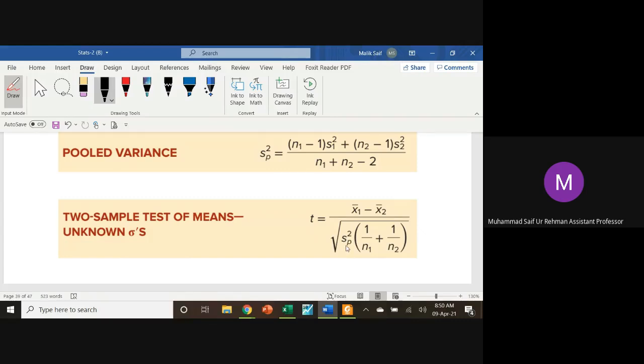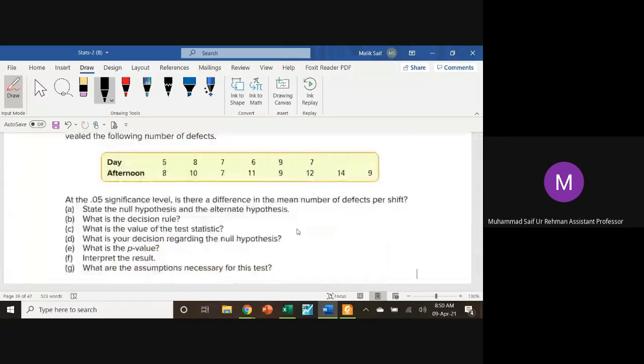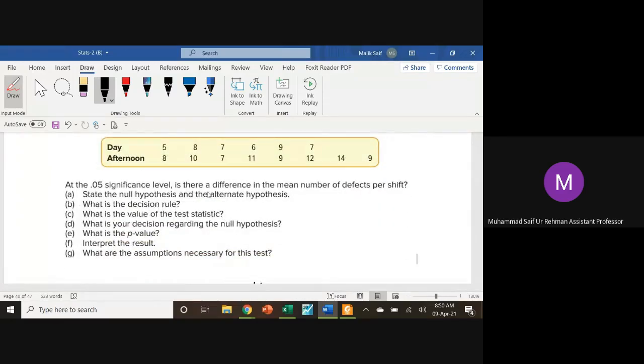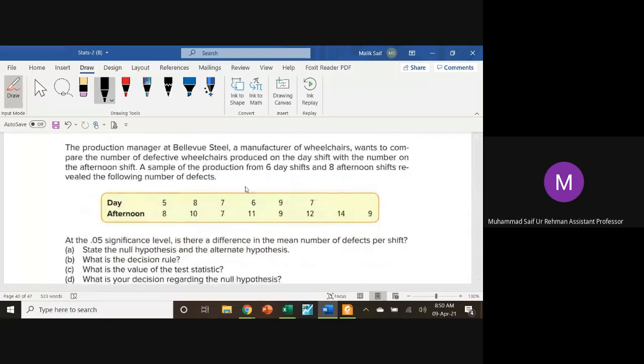And instead of that, we will have the sample variances separately, independently. So we will talk about that later on. But in this particular case, as there is no description or explanation regarding the population standard deviations, we have to use T statistic.